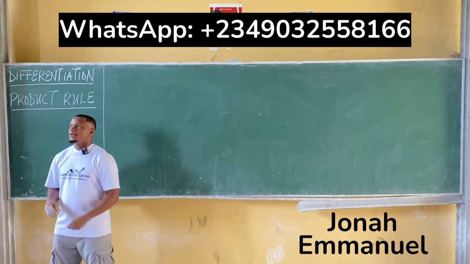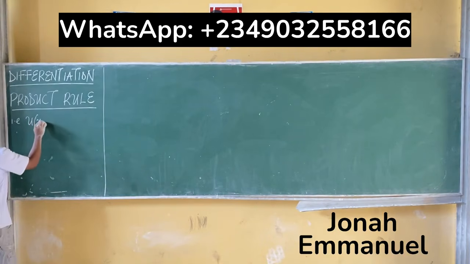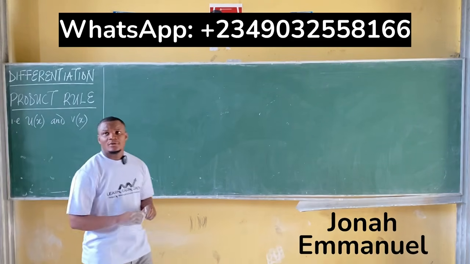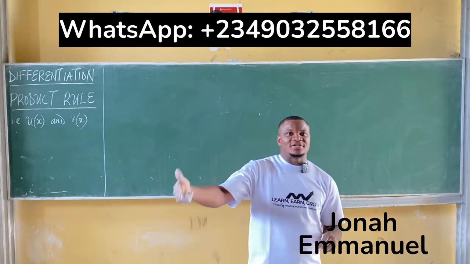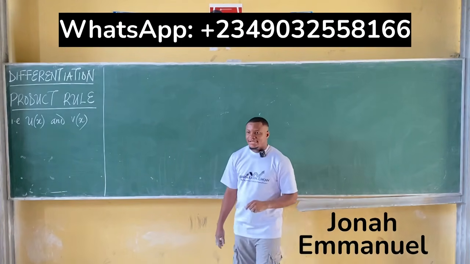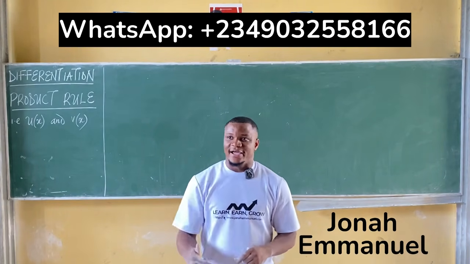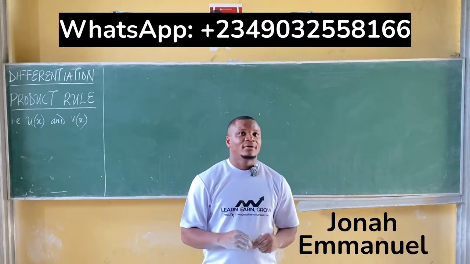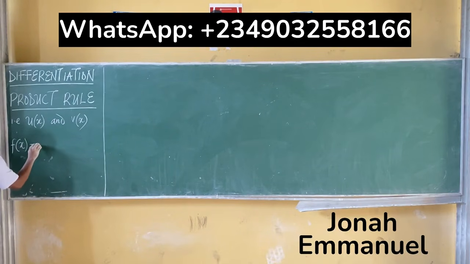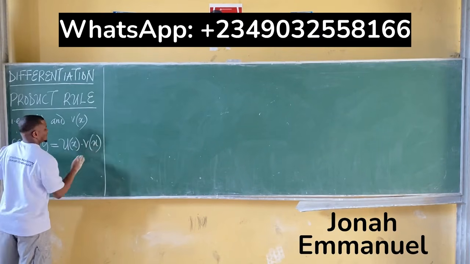Given two functions in terms of x, that is u of x and v of x, and the function f of x equal to y equal to u of x dot v of x.